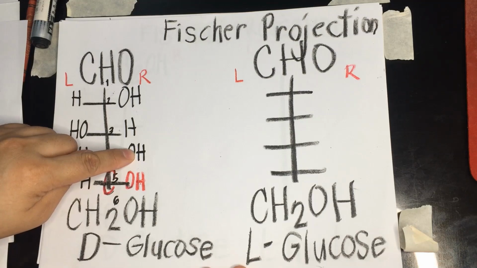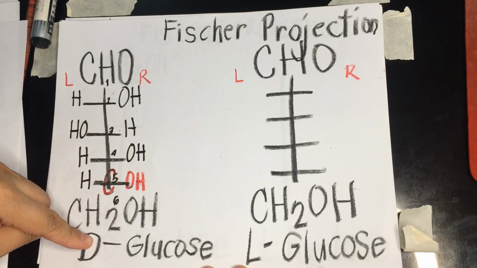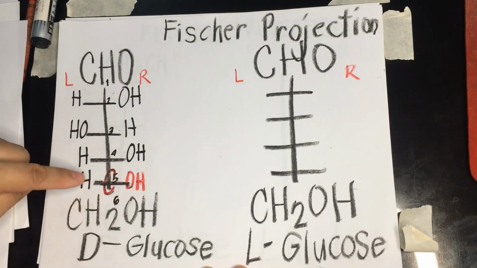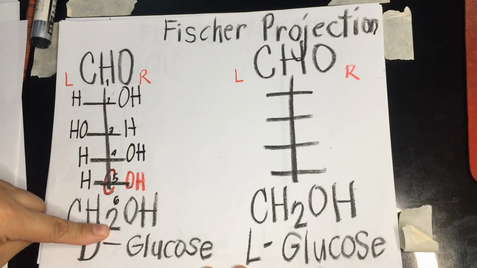Again, if you want to determine the D configuration, we are going to get the highest chiral center. So the chiral center that is the highest is carbon number 5. Therefore, if it pertains to D configuration, we are going to place it on the right side. And then the last carbon will be an alcohol.